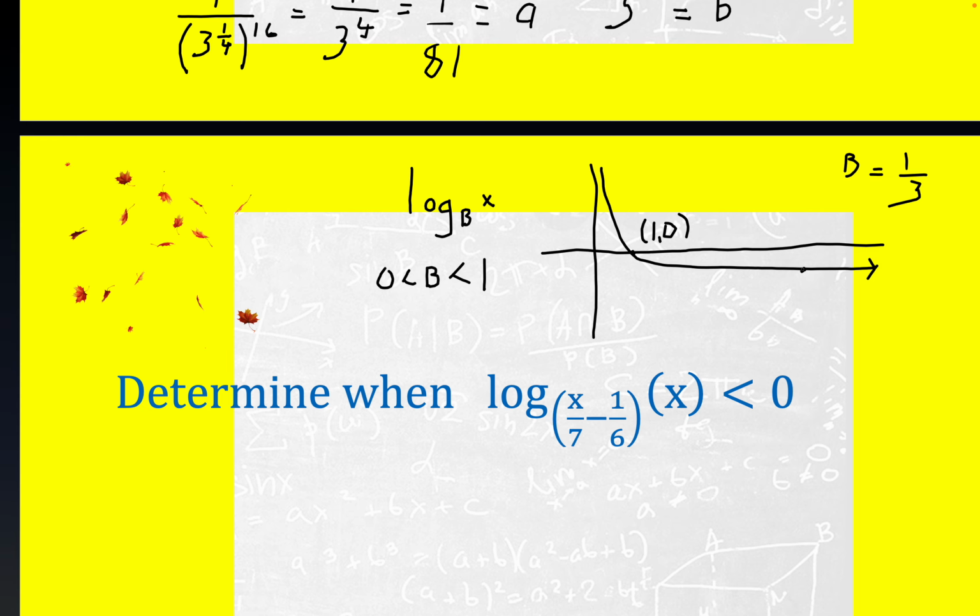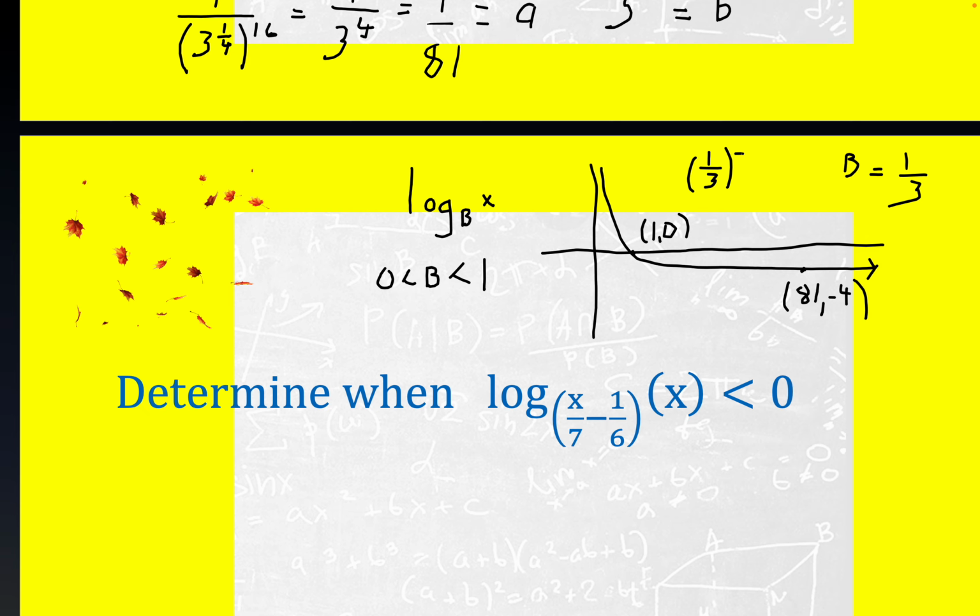A point on this graph would be (81, -4). Now, y'all remember, a logarithm is an exponent. And so the point on this graph is there because 1/3 raised to the -4, because of the properties of the exponents, negative exponents in particular, is equal to 81, right?